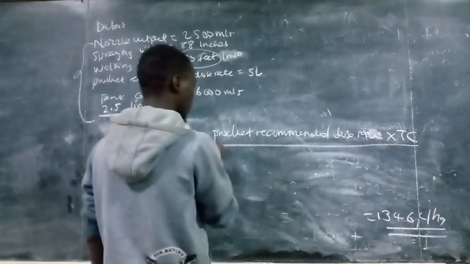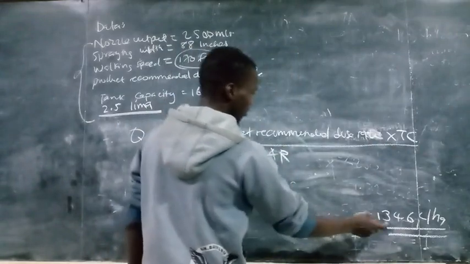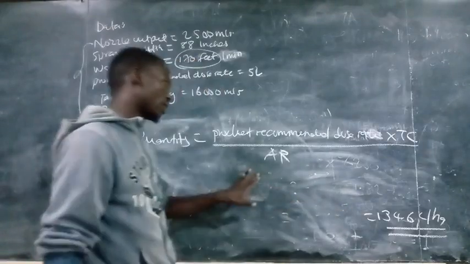We're going to divide this by our application rate, the one that we got right here. So you can see that this figure we still have to use right here.